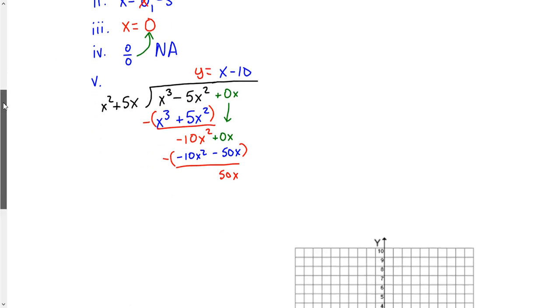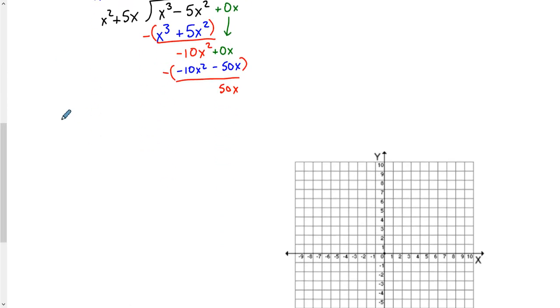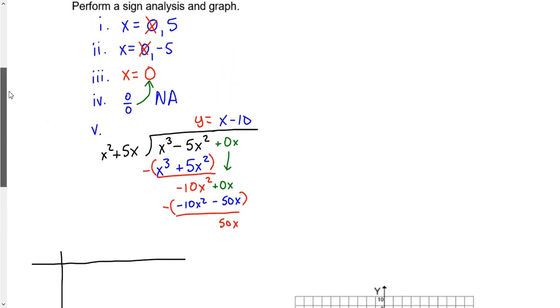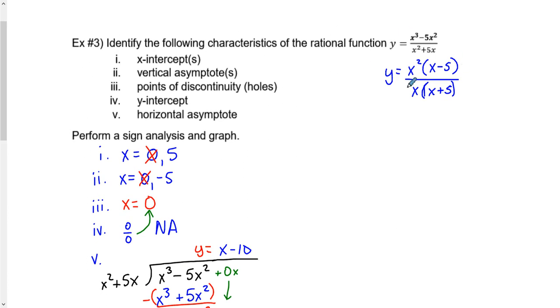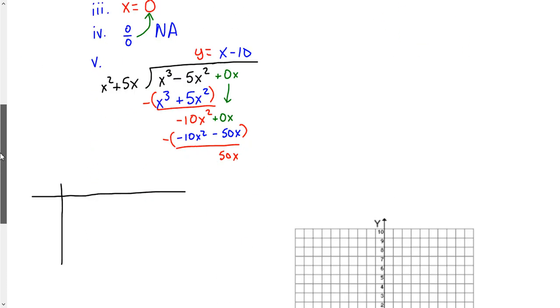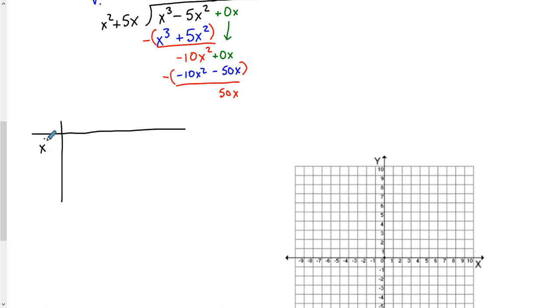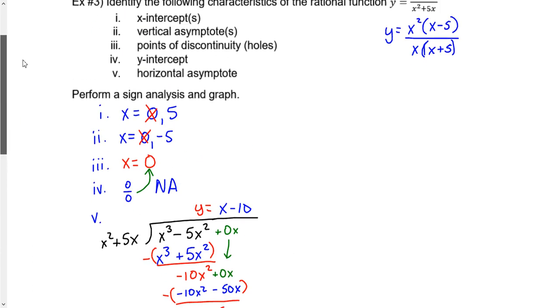All right, so we can go to our sign analysis. It is easiest to actually have all of our factors, which means our factored version. So I'll put my factored version, my x squared, my x subtract 5. Those are from the numerator, right?